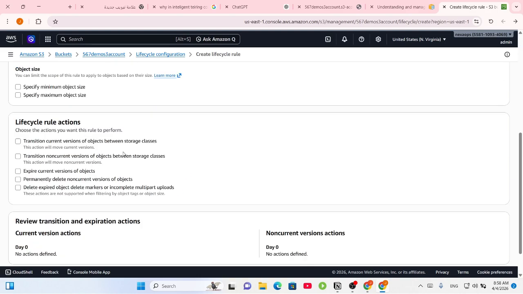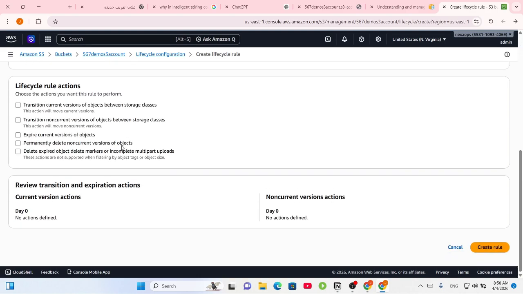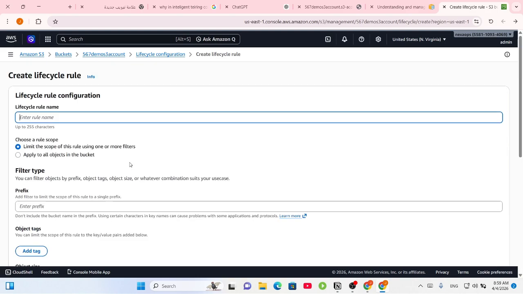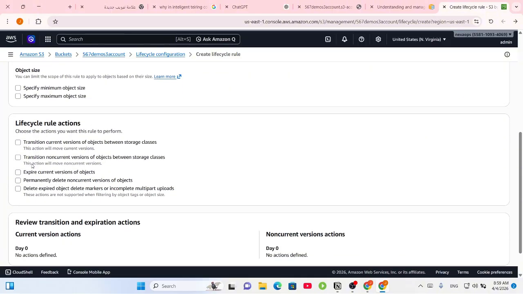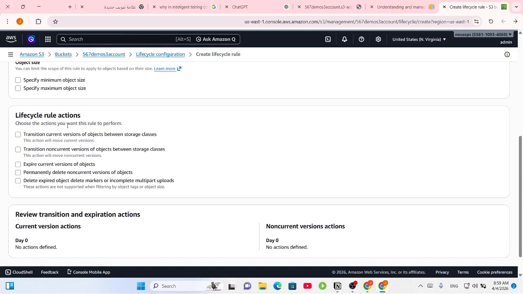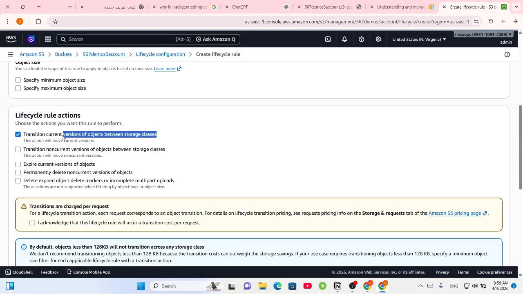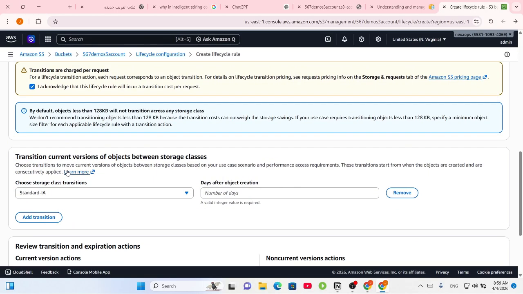And yeah, this is where you can add lifecycle rules, the rule name, and you can specify the object size if you need, but you don't. Lifecycle rule actions. Choose the action you want to perform. Let's say you want to transition current versions of objects between storage classes. This is what we need, right? We want to automate the process.